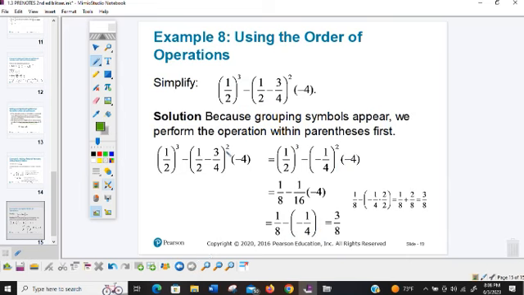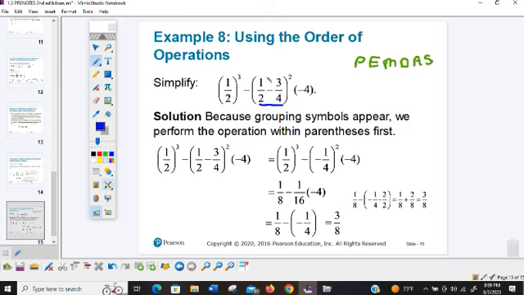So now that we've practiced, let's do order of operations. Remember, it's please excuse my dear Aunt Sally, or PEMDAS. We do parentheses, which means any grouping symbols first. So we are going to start right here with this grouping symbol, 1/2 minus 3/4.